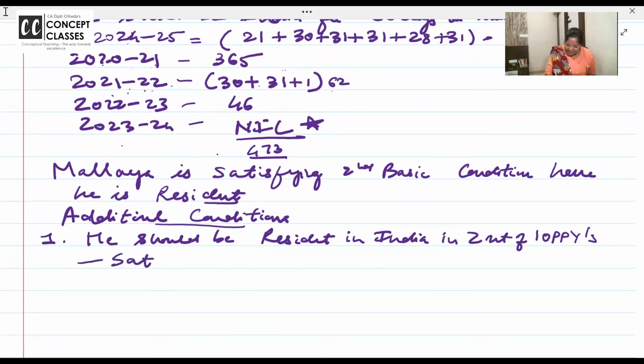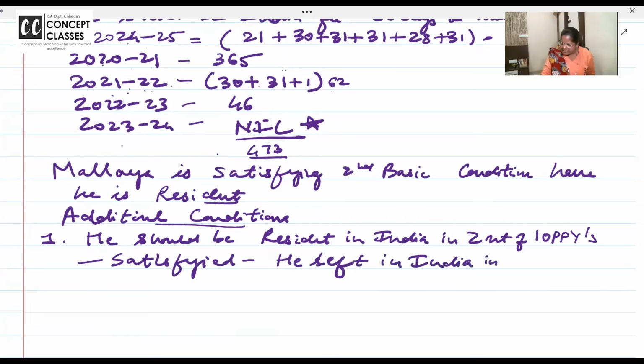So this one is satisfied. Here you can only write satisfied. As he left India, you have to write all this: as he left India on 1st June 2021 for the first time. Take your time.